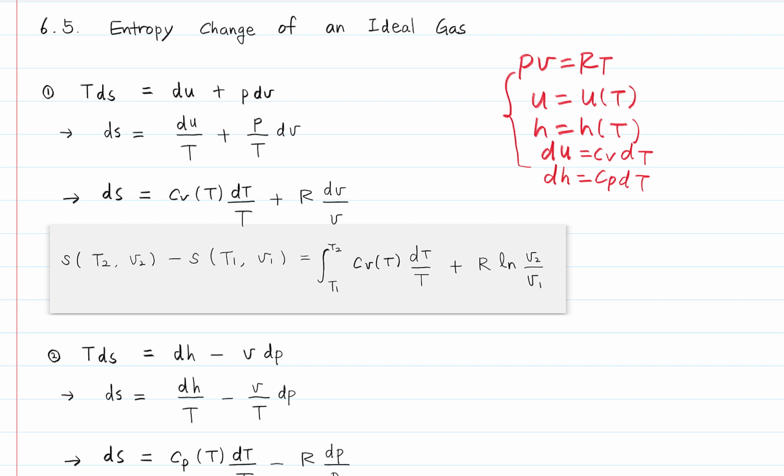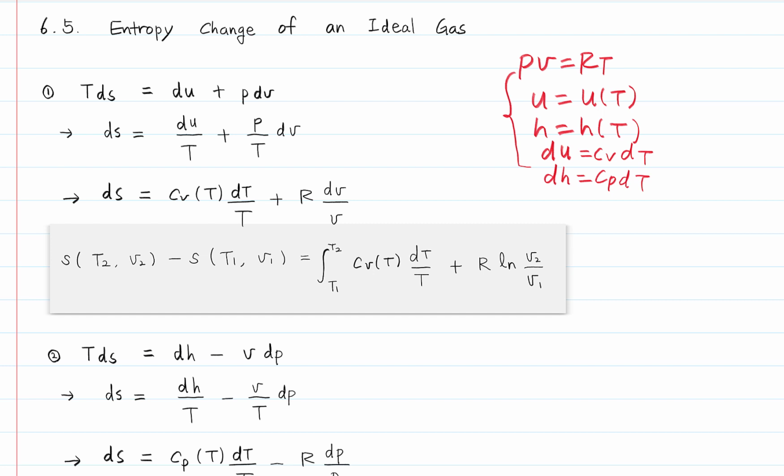For an ideal gas, du equals Cv dT, and from the ideal gas law, P over T equals R over V. So we get the differential entropy change of an ideal gas: ds equals Cv dT over T plus R dV over V.